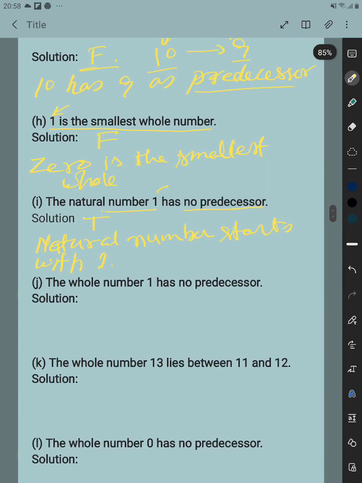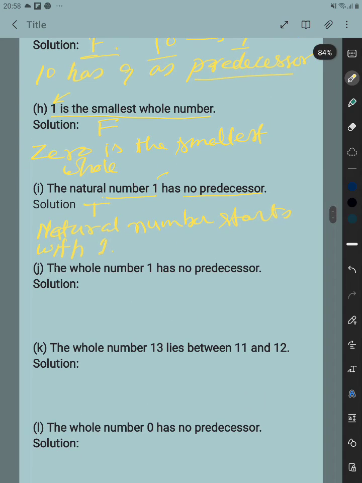Now question number 8 part J: whole number 1 has no predecessor. This is false. Why is it false? Because whole number 1 has a predecessor, 0.